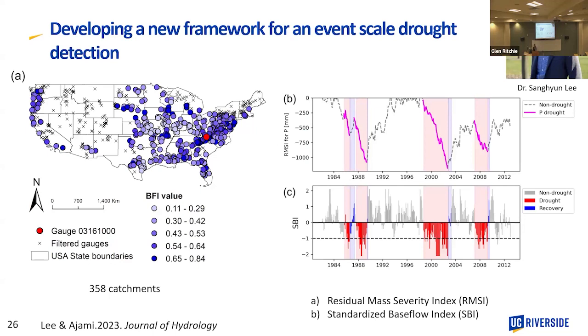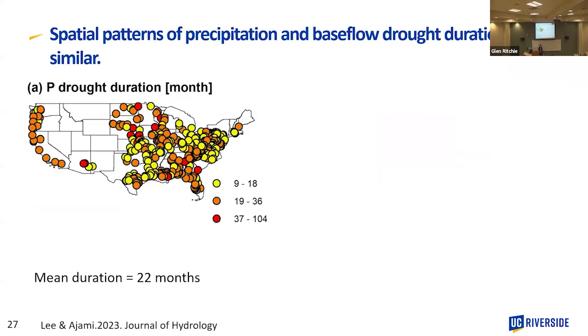So we used a new index to determine precipitation droughts, and also used the standardized base flow index to determine base flow drought. And similar to the groundwater study, we started looking at the lag time between precipitation drought and base flow droughts.